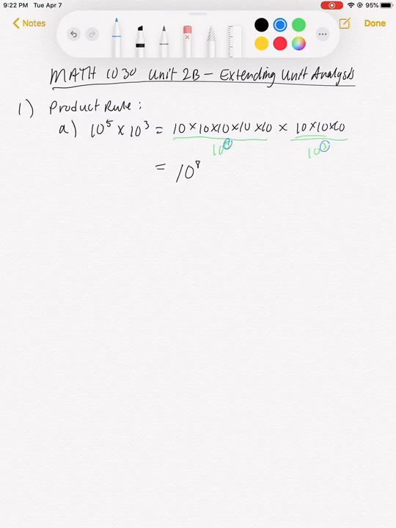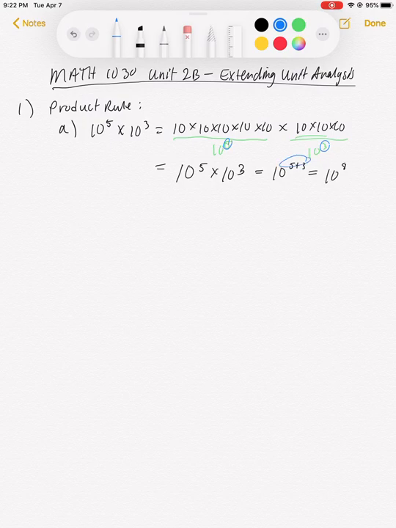So we can also say that 10 to the 5th times 10 to the 3rd is still the same as 10 to the 5 plus 3. Add the exponents, you get 10 to the 8th. Okay, so this is our shortcut right here.